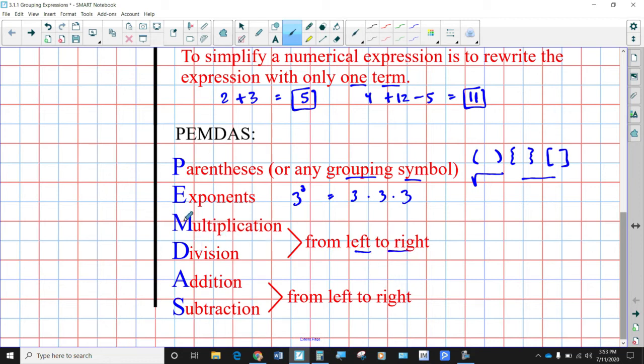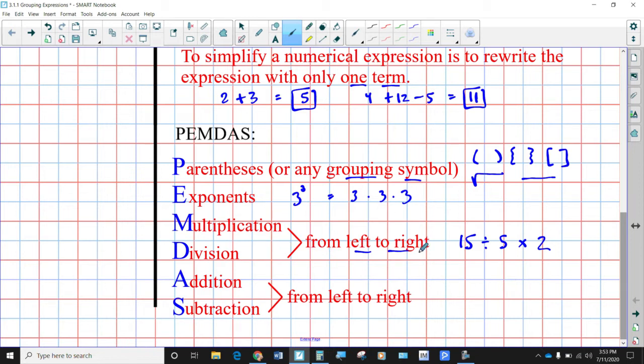Multiplication and division, just because the M comes before D in PEMDAS doesn't mean multiplication has a higher priority than division. If you had the problem 15 divided by 5 times 2, some people want to do the multiplication first and say 15 divided by 10 is 1.5.